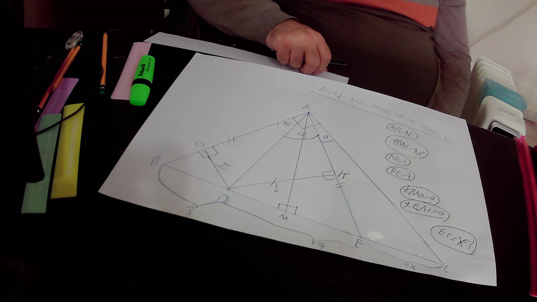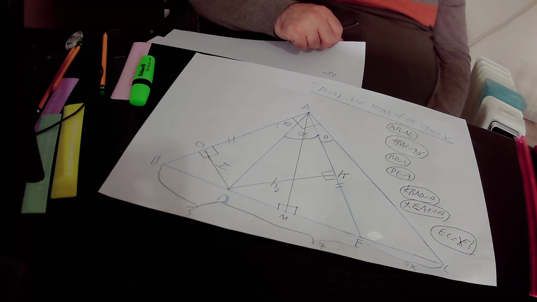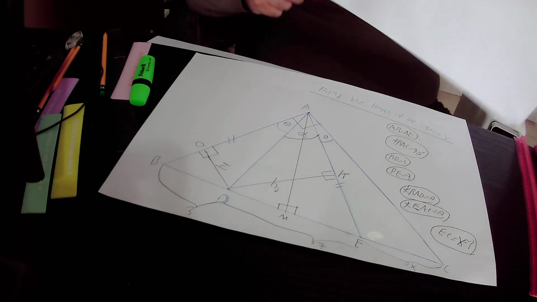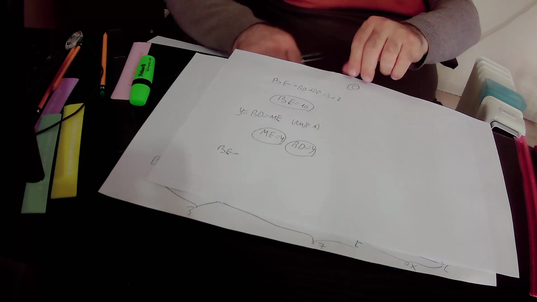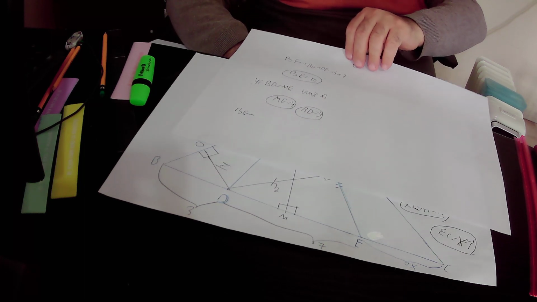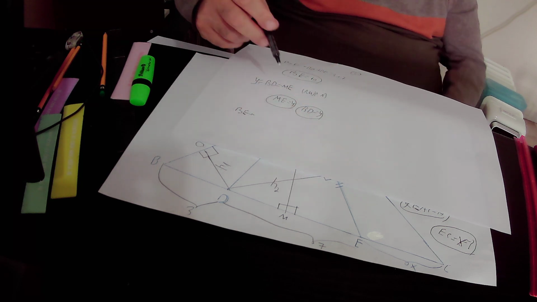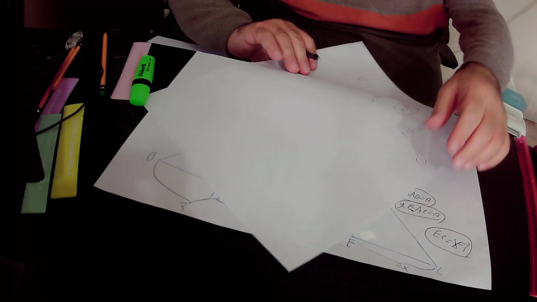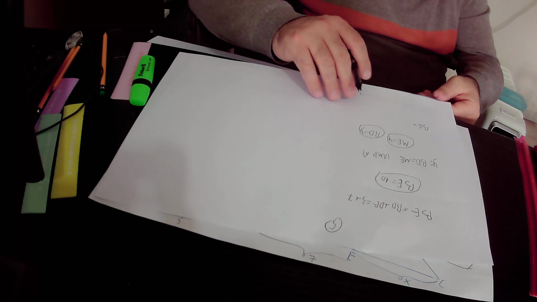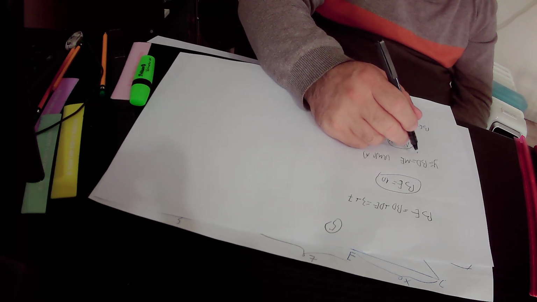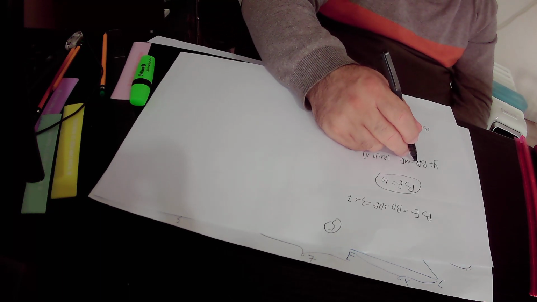Here, according to rule number 1, BM equals ME.